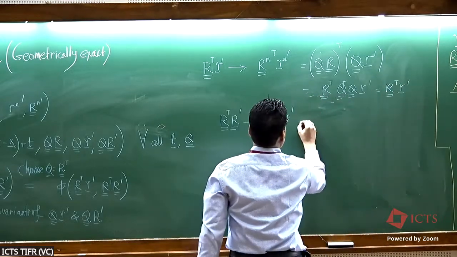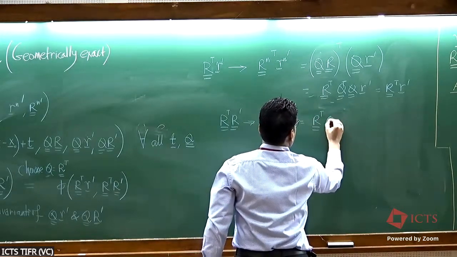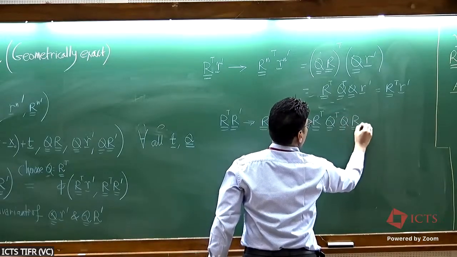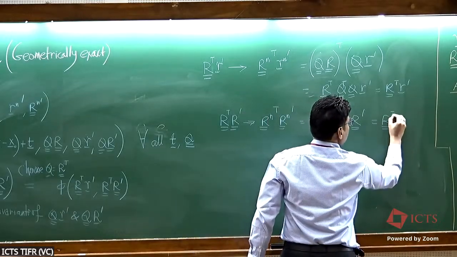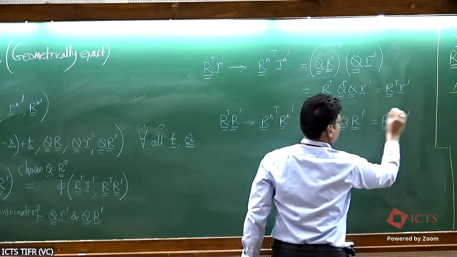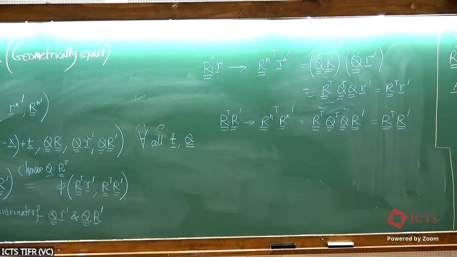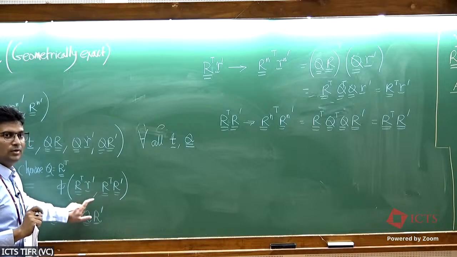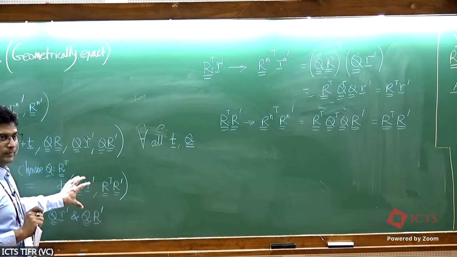And this is going to become big R transpose into Q transpose into Q into big R prime, which is again big R transpose big R prime. Okay, so indeed, these two are the invariants that we are looking for.